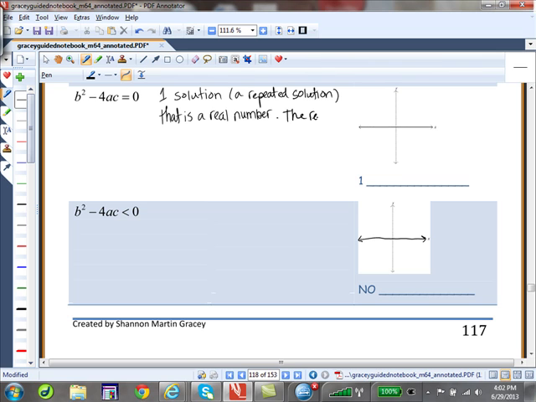And the repeated solution, if you know a, b, and c are rational numbers, the repeated solution will be a rational number. So you'll end up with something like this. You have 1 point on the x-axis, something like that. So you get 1 x-intercept.